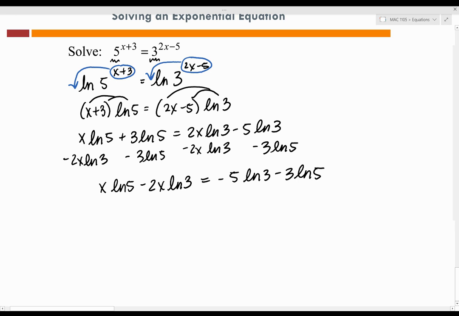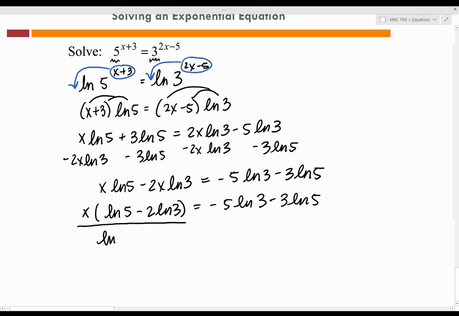All right, I need to factor out the x from both of these terms on the left. That's the GCF. When I factor out the x, I'm left with natural log of 5 minus 2 natural log of 3. And then I need x by itself, so I'm going to divide both sides of my equation by the natural log of 5 minus 2 natural log of 3.